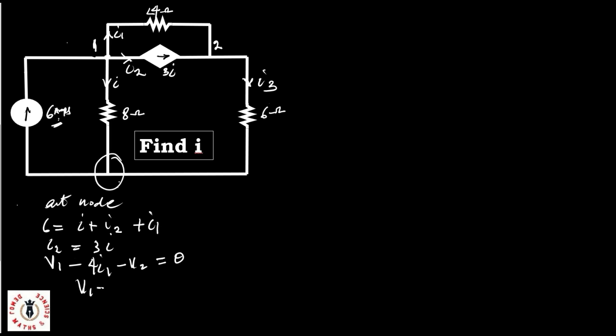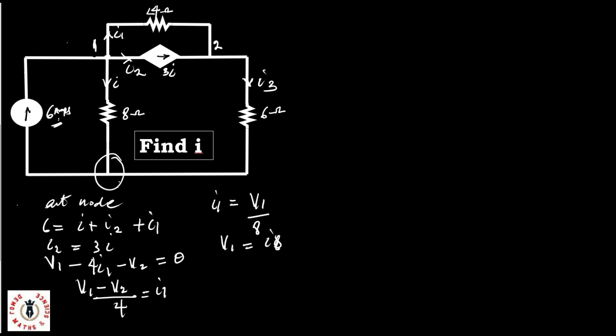So that V1 minus V2 over 4 is equal to I1. Also, let's define I. My I is V1 over 8. We know that V1 is equal to 8I, so that V1 over 8 is the same thing as I.